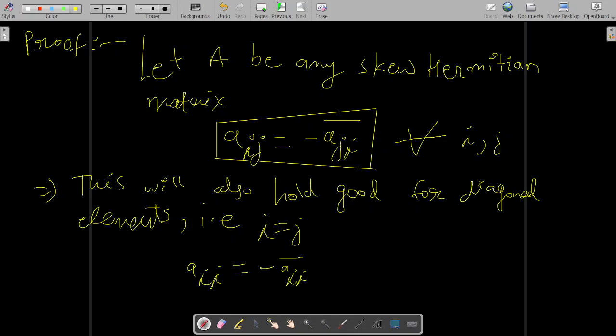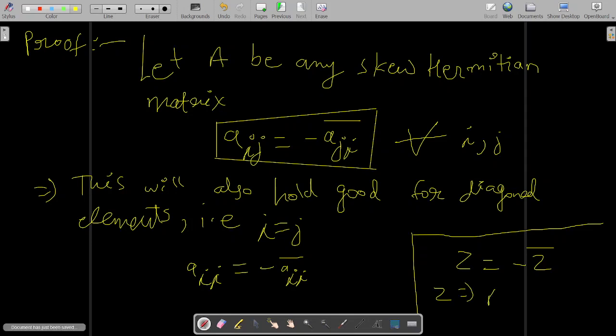Any number can be represented as x plus iy, and I had proved in the previous class that when the conjugate of a number is equal to minus of that number, then z is purely imaginary.